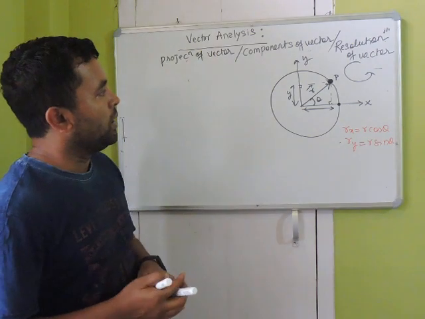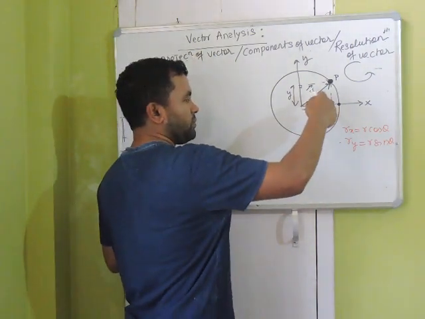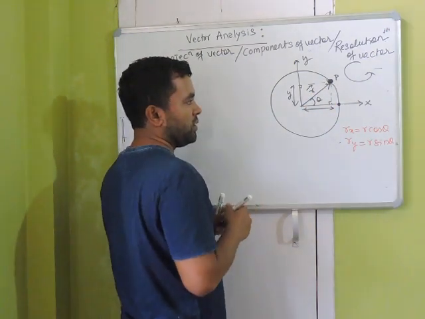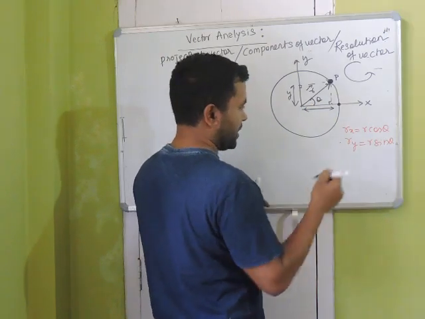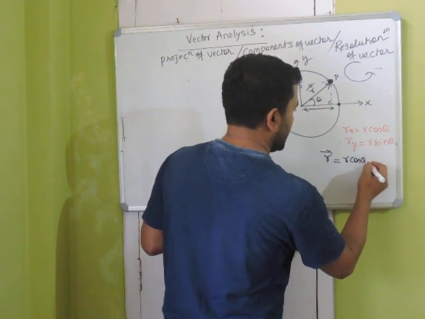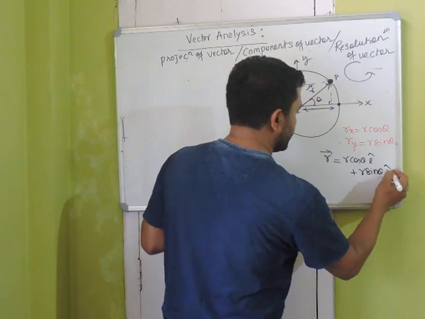So this r vector, the position vector in uniform circular motion, where theta is a function of time, can be written as r cos theta i cap plus r sin theta j cap.